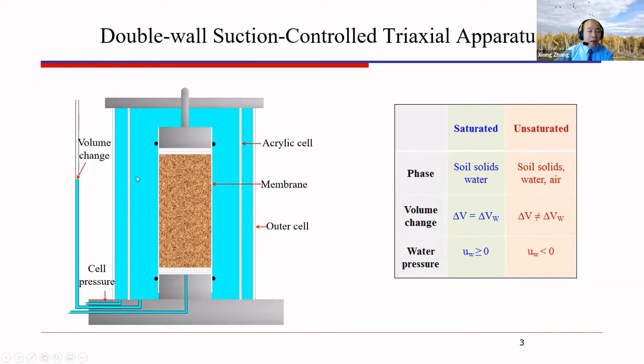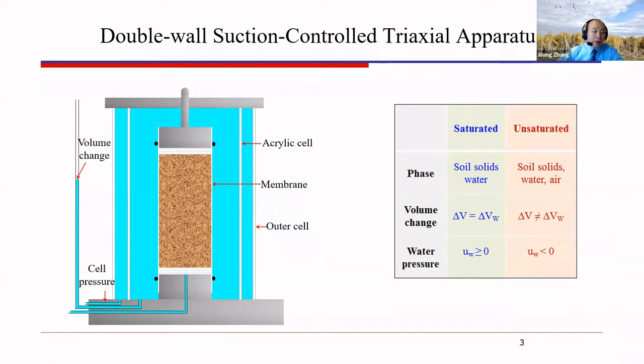So we apply the confining pressure in both cells with the same confining pressure. As a result, you can still apply the confining pressure to the soil, and the pressure is applied on both sides of the inner cell. Because the pressure is the same, there's no deformation. As a result, we can measure the amount of water flowing in or out of the system and use it as the volume change for unsaturated soils.